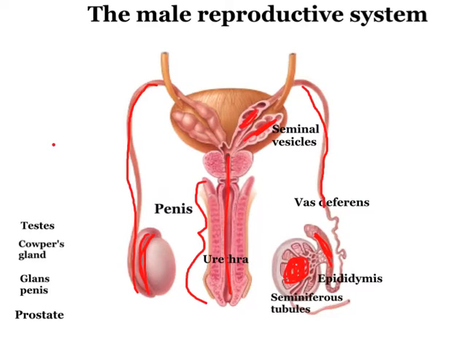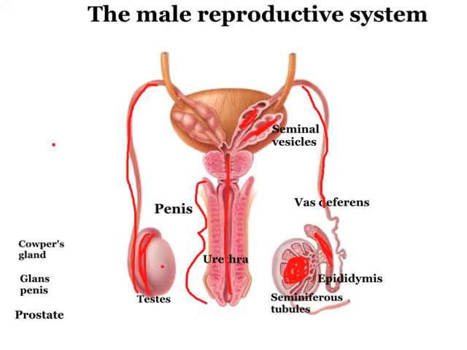Next on our list is the testes, and I think probably most of you are familiar with those. We have two of them, and that's where the sperm are produced. It holds the seminiferous tubules.